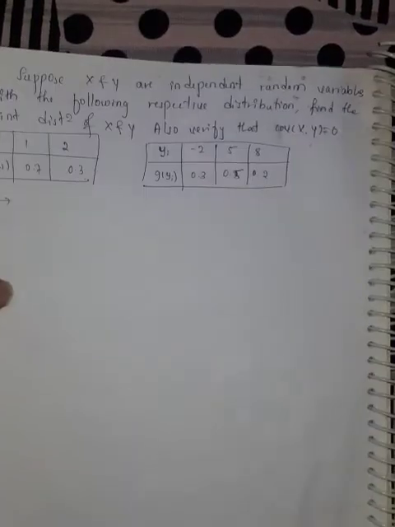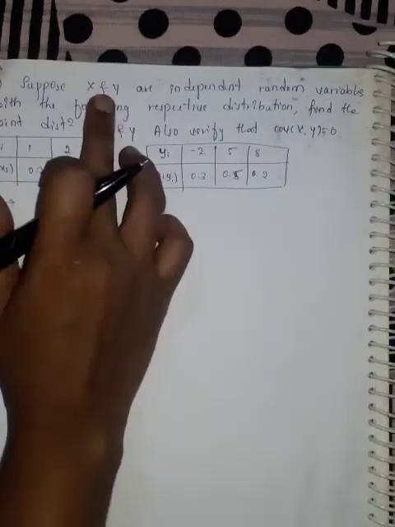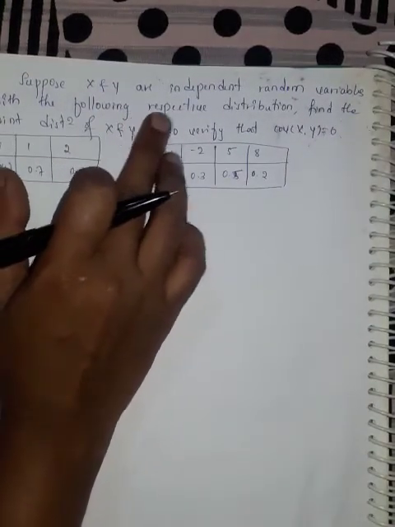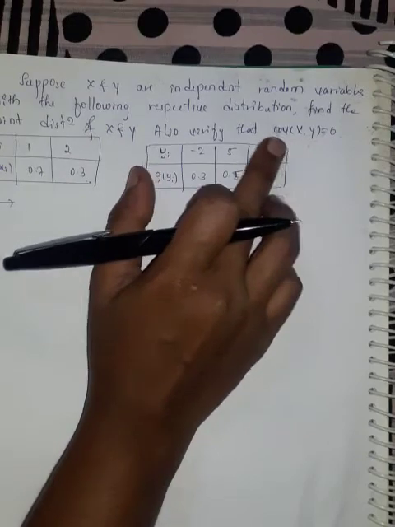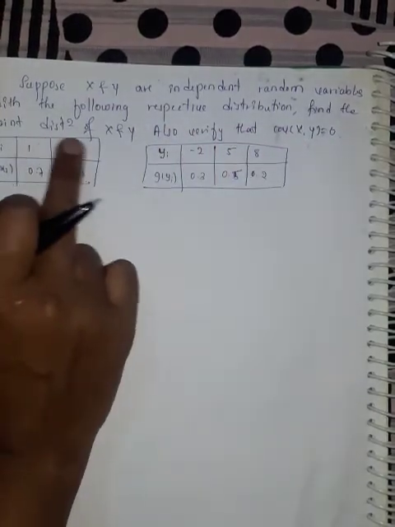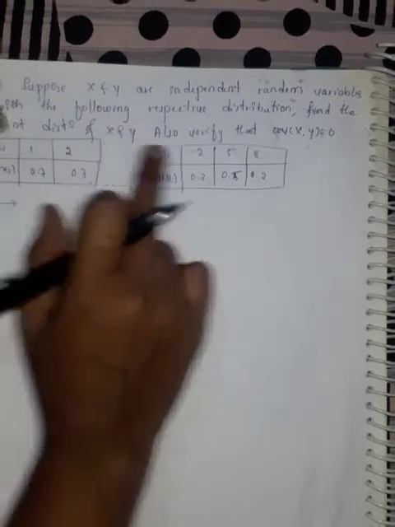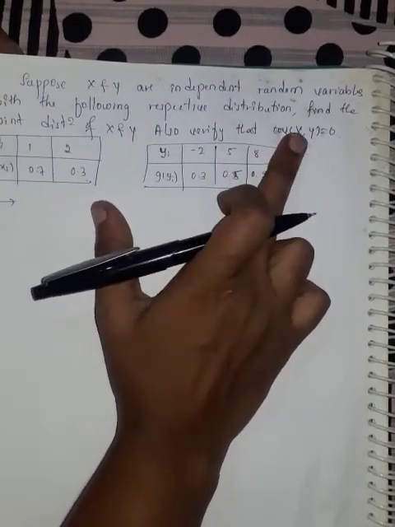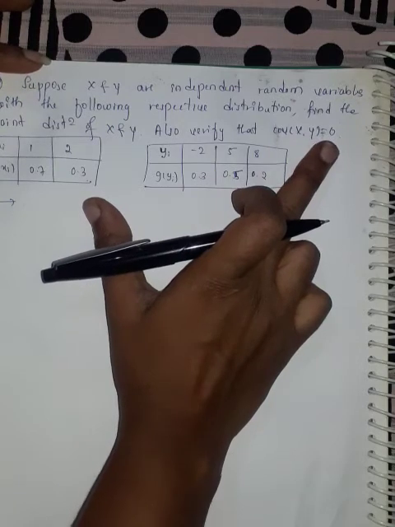So let us take another example. Suppose x and y are independent random variables with the following respective distributions. Find the joint distribution of x and y. Also verify that covariance of x comma y is equal to 0.